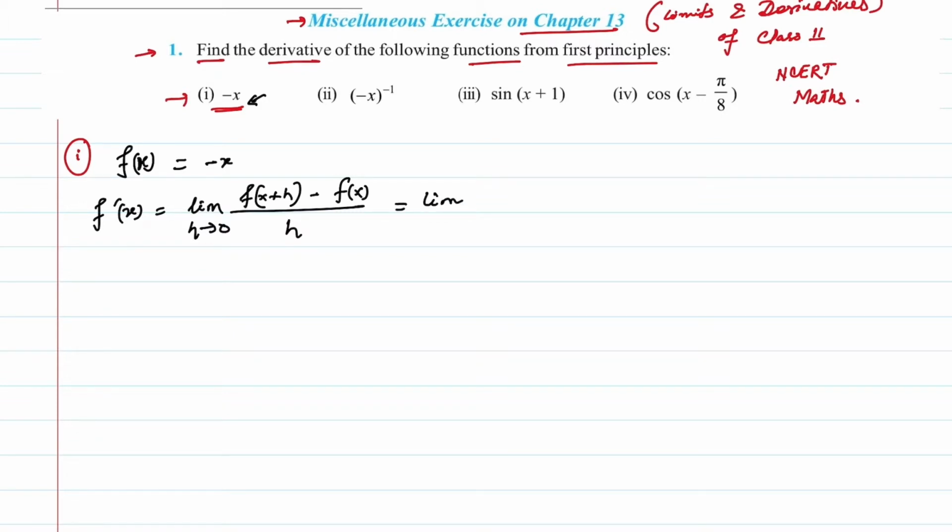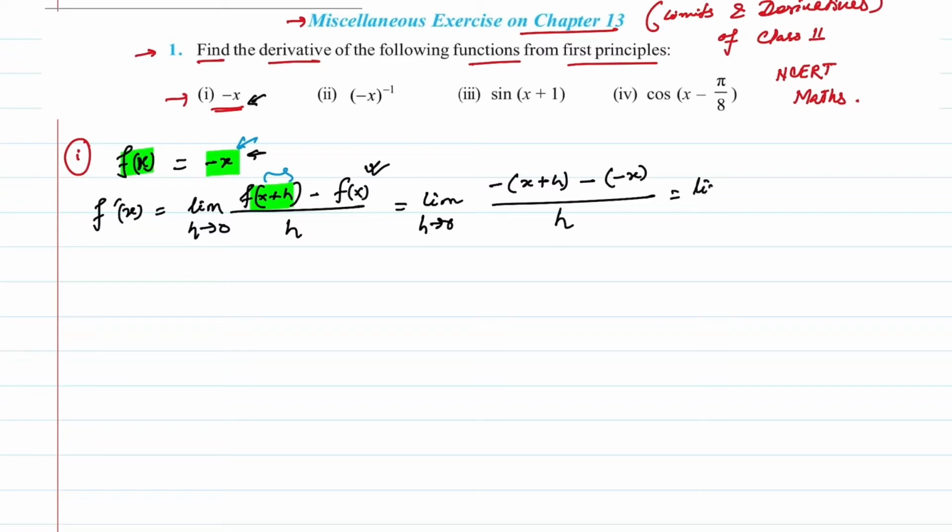Now if f of x is minus x, then what will be f of x plus h? Just replace this x by x plus h, then you will get the corresponding function. So that is minus within bracket x plus h minus f of x, that is minus x, divided by h.